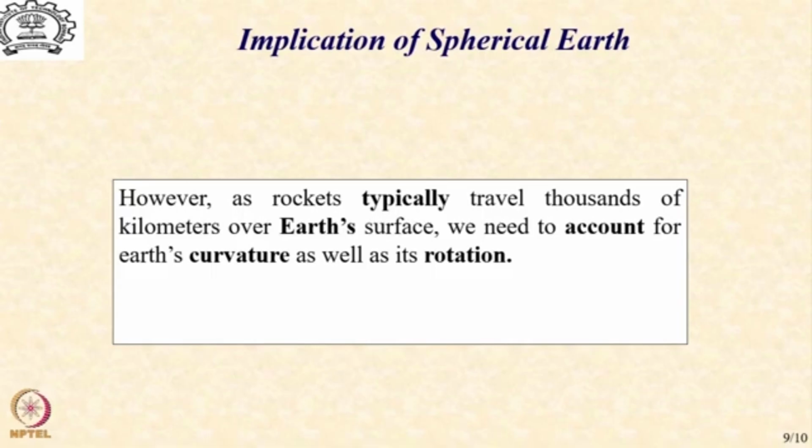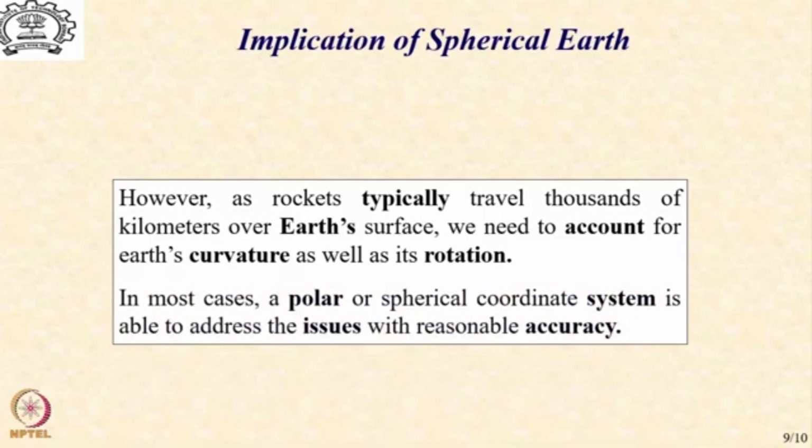Of course, we also need to admit the possibility, as we have also seen from our earlier schematic diagrams, that the trajectories over the complete ascent mission are going to be highly curvilinear in nature and going to move several thousands of kilometers over the surface of the Earth. So obviously, this particular assumption of flat Earth is not really going to be justifiable beyond a particular point. And we will need to take into account the Earth's curvature and of course maybe its rotation about its own axis.